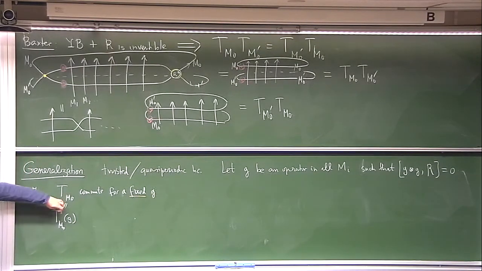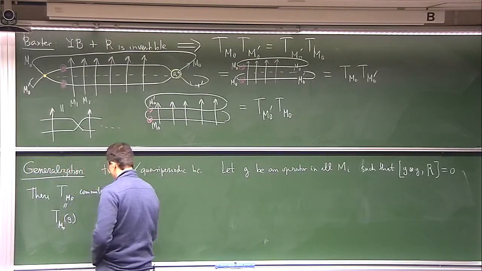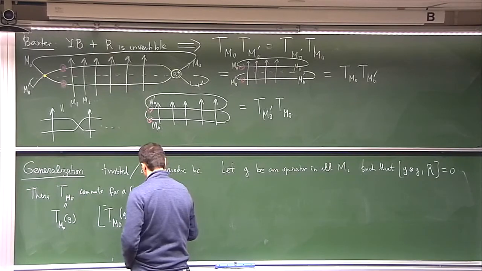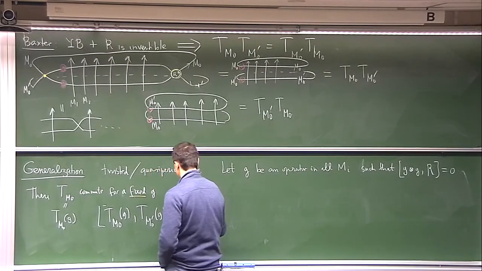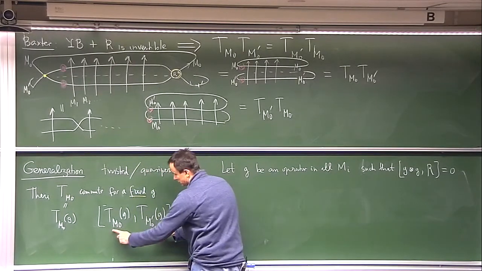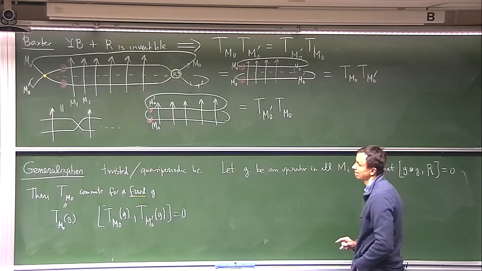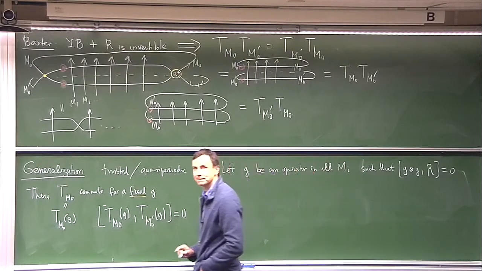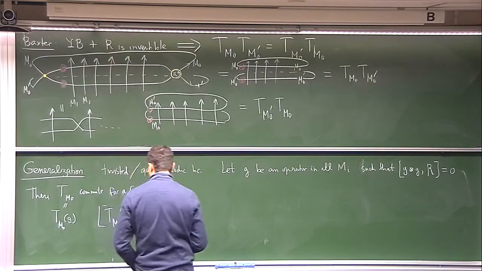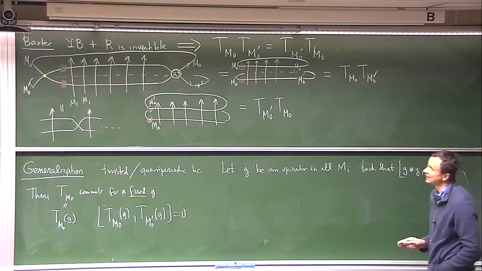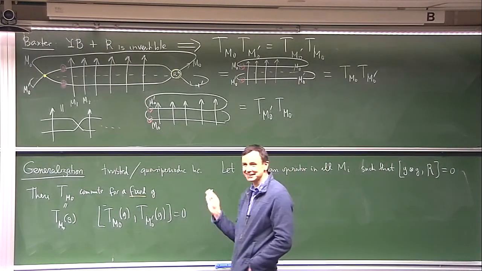And this means that the commutator of T M0, maybe G, the commutator of T M0 prime G, this commutator is 0. Means these can be different, but these are the same. Okay, that was a long discussion. We haven't seen a single R matrix yet.